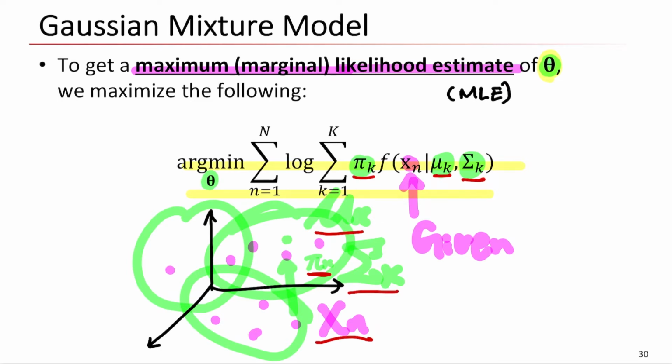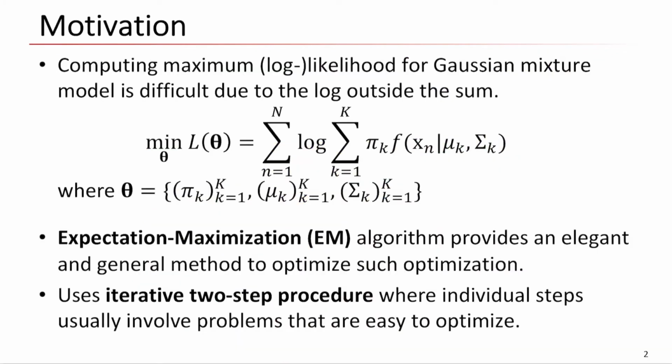Okay, let's see the expectation maximization today. Okay, let's go back to today's lecture. So the goal of the expectation maximization, or the EM algorithm, is to compute the maximum likelihood for the Gaussian mixture model, right?